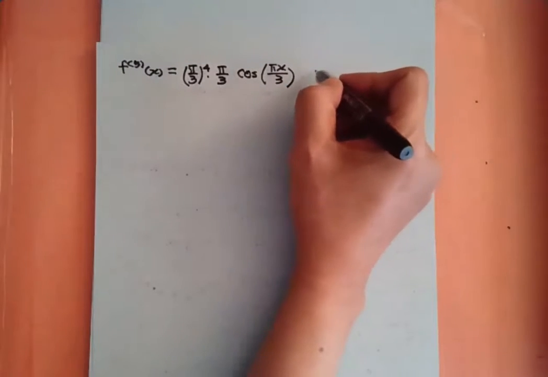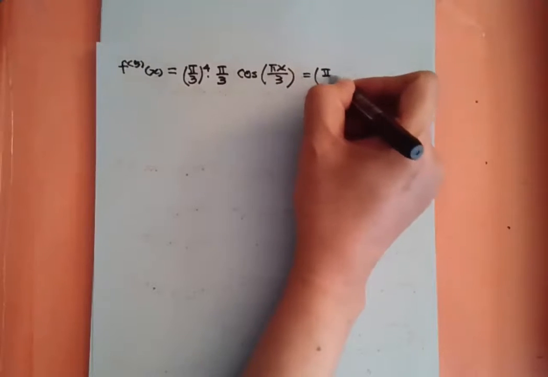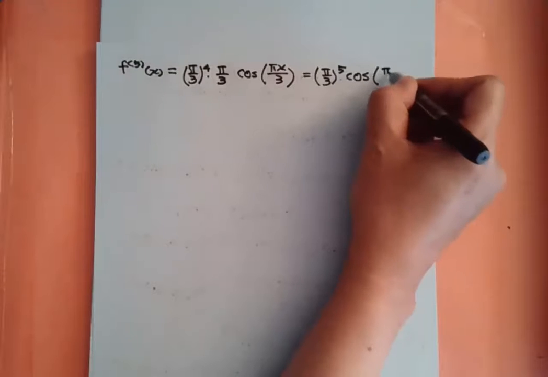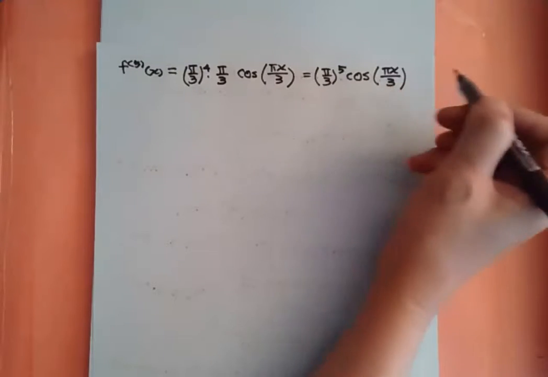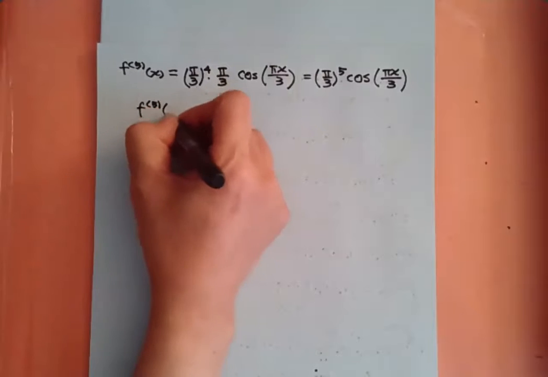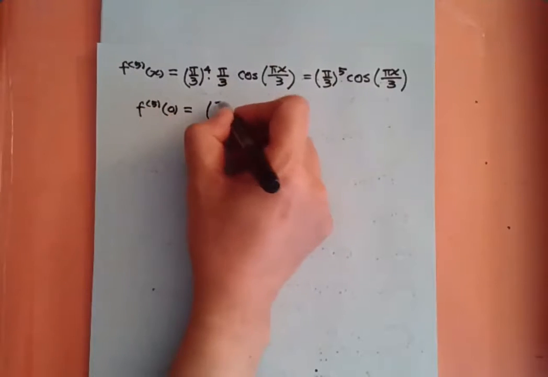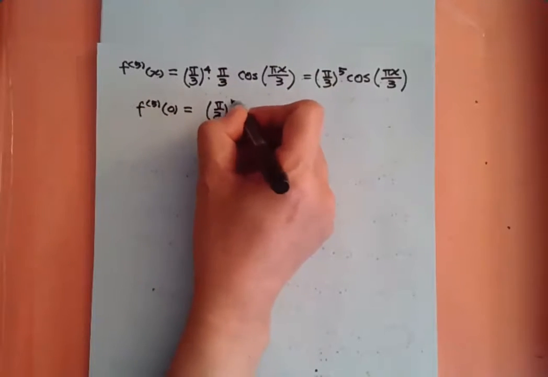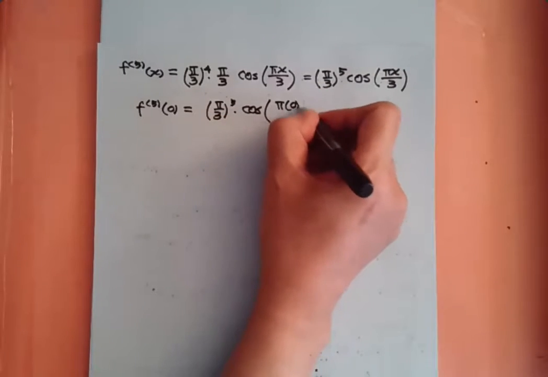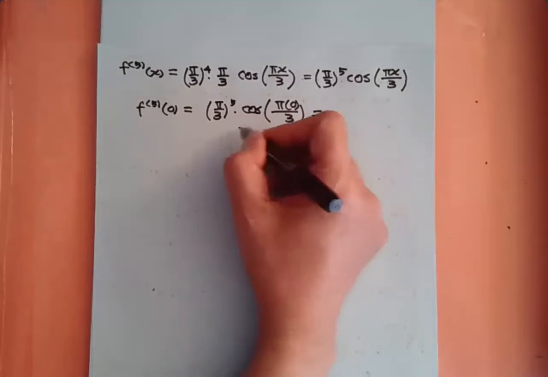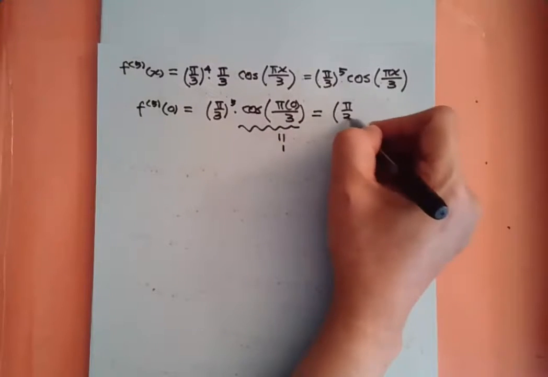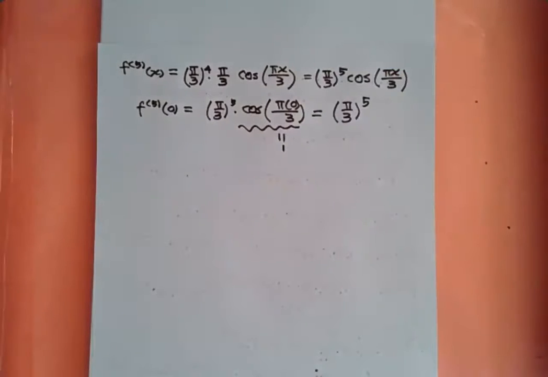So this time it becomes pi over 3 to the 5th power cosine of pi x over 3. And then the 5th derivative at 0 is pi over 3 to the 5th power times cosine of pi times 0 over 3. And so this part equals 1, and we have pi over 3 to the 5th power.